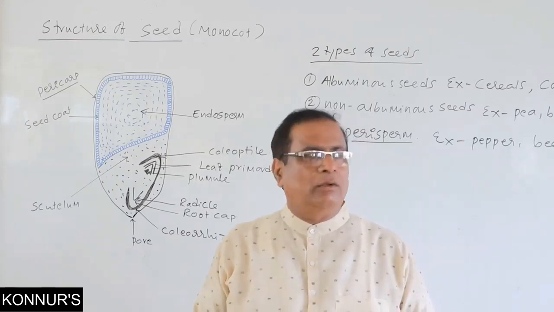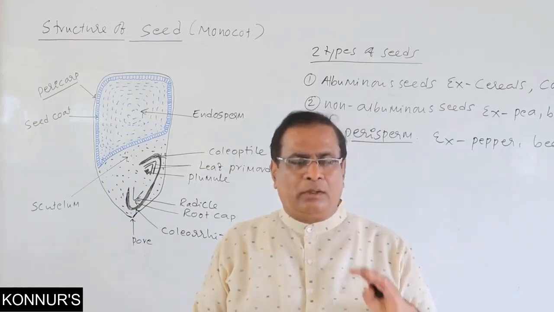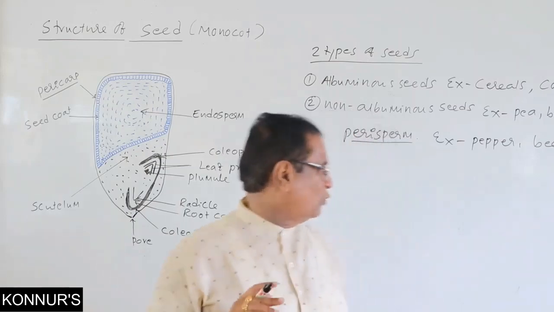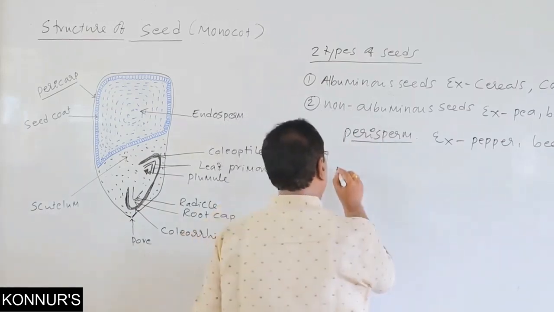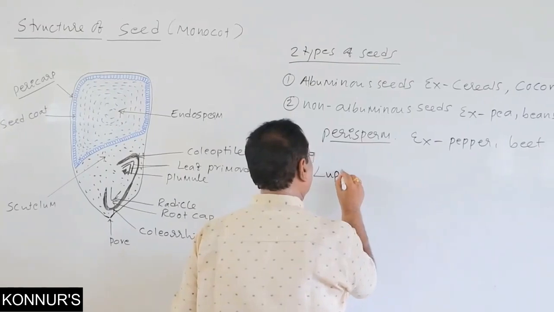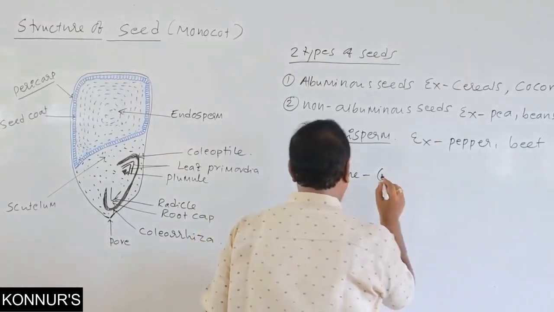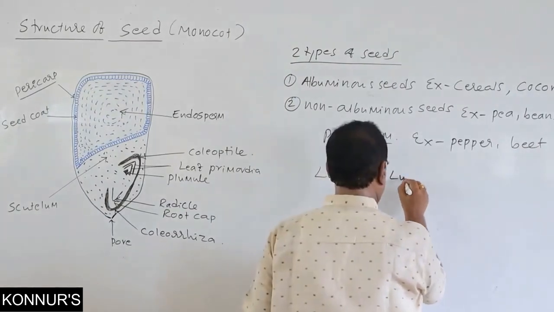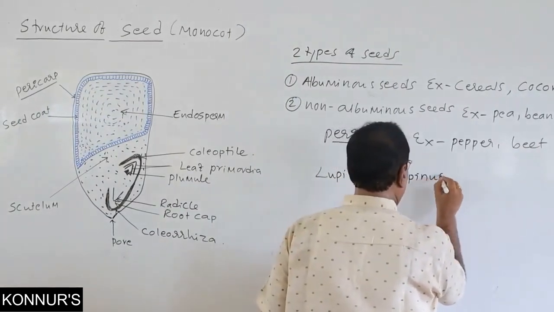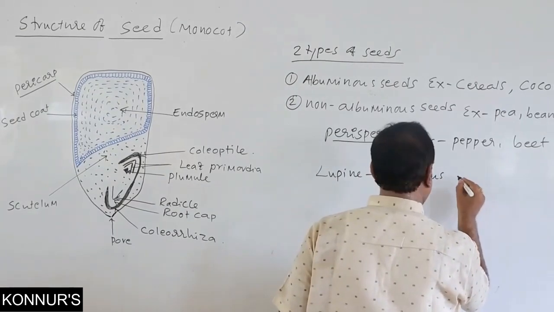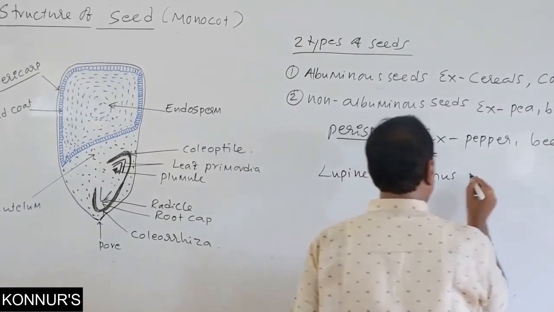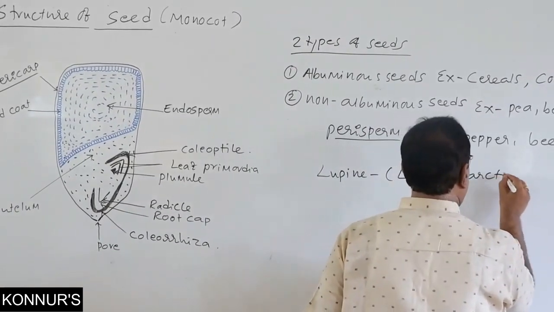And there are 2 examples. One is lupine. Its botanical name is Lupinus arcticus.